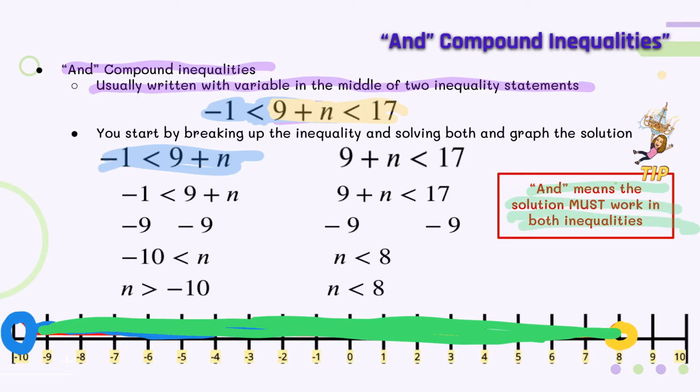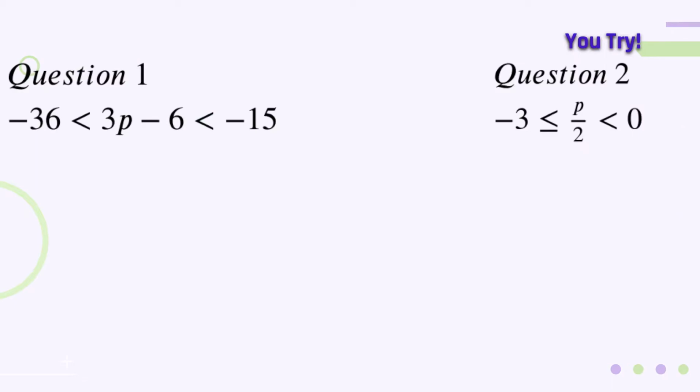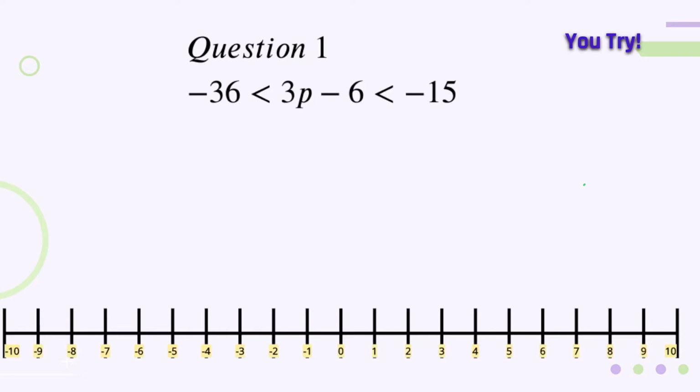Here are two example questions I'd like you to try on your own. Question number 1 is -36 is less than 3p minus 6 is less than -15. So we're going to break up the inequality. Let's do this inequality first.